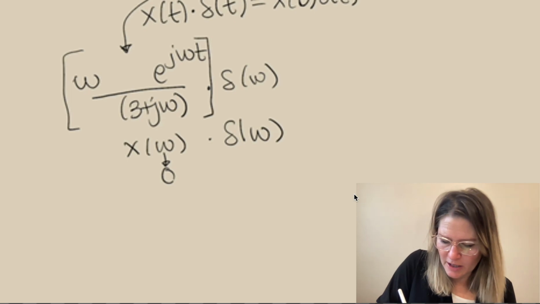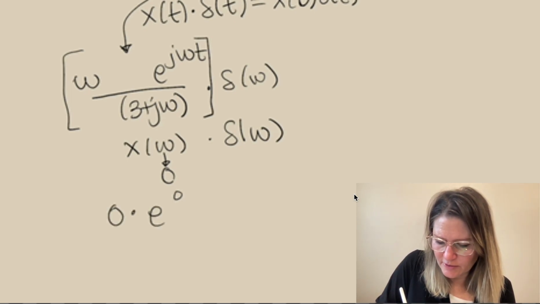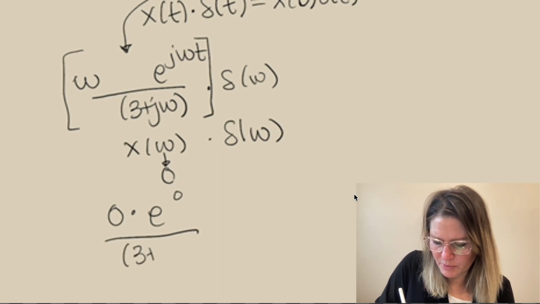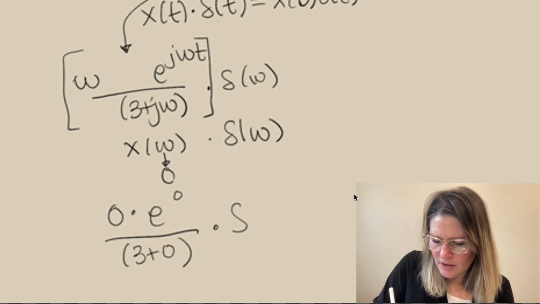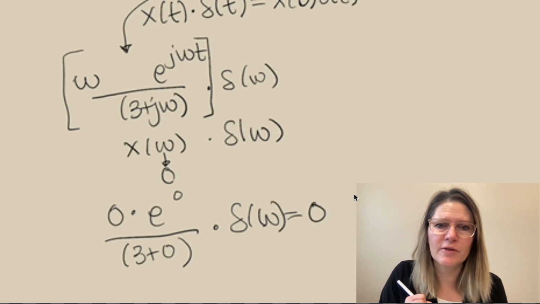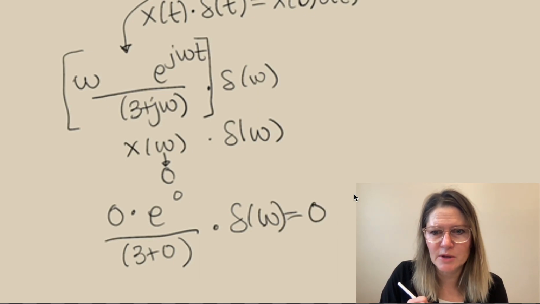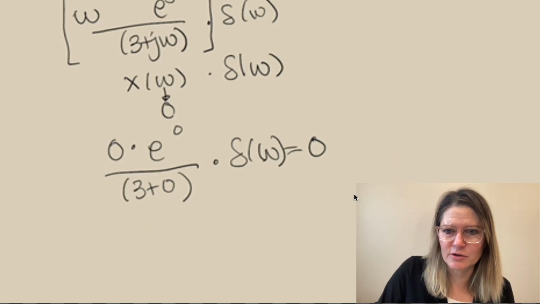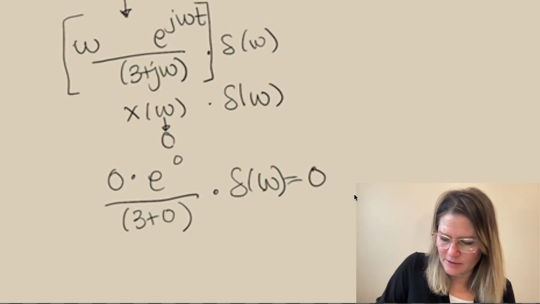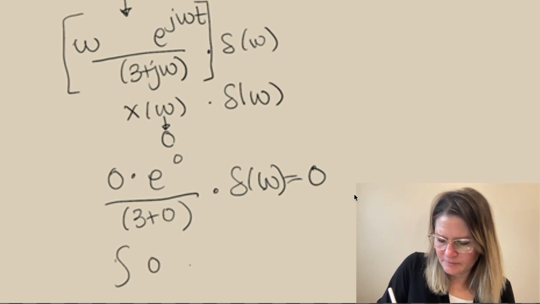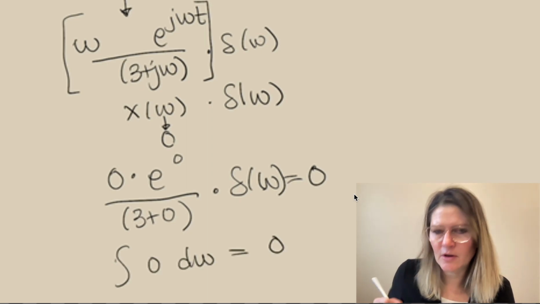So when we do that, this becomes 0 times e to the 0 over 3 plus 0. And because this is 0 there, this whole term goes to 0. So when we integrate it, that term will integrate to 0. So that was why it was 0.